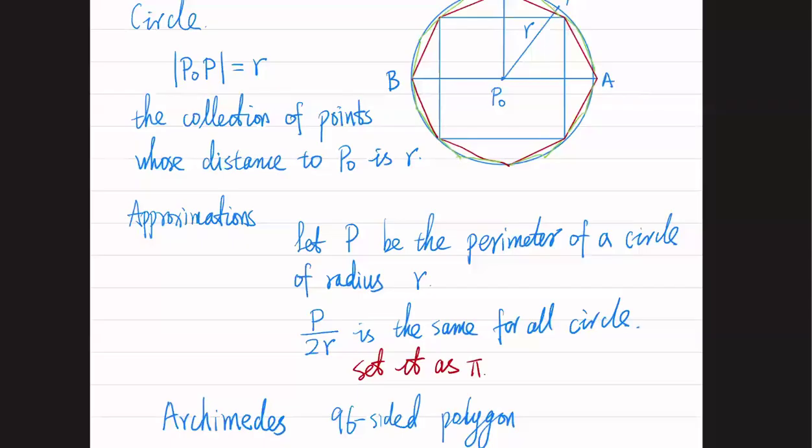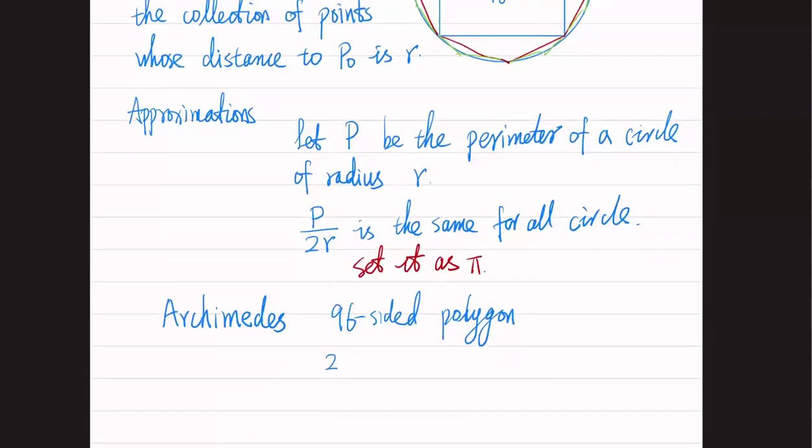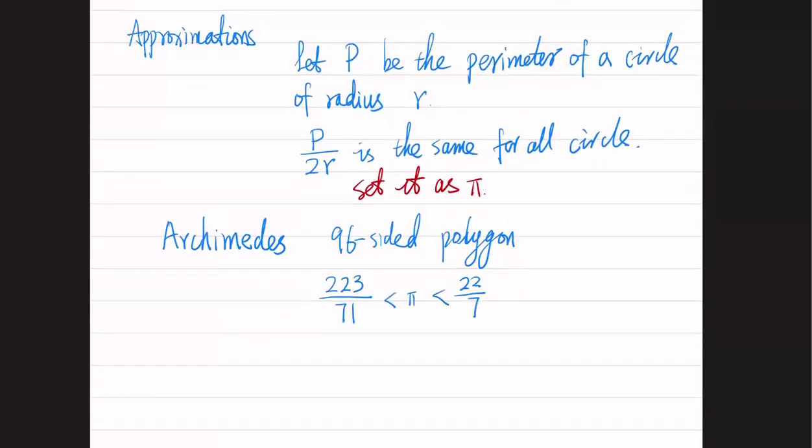We cut the circles or we cut the disks. This Archimedes, he found a very good approximation. This is approximately, so he's around 250 years BC.